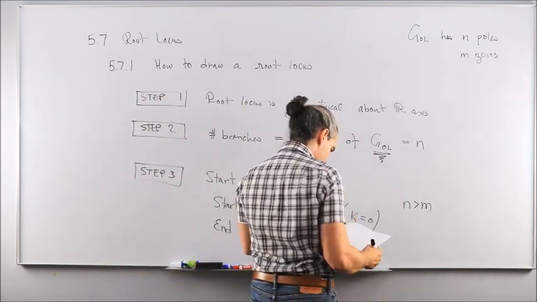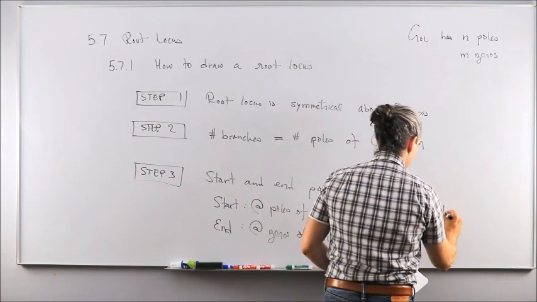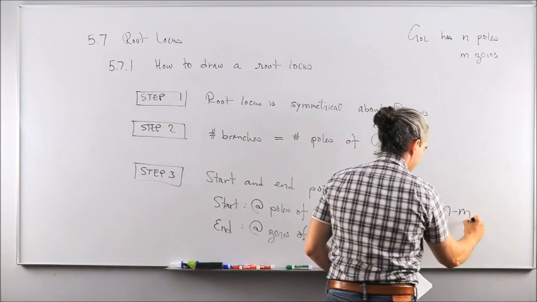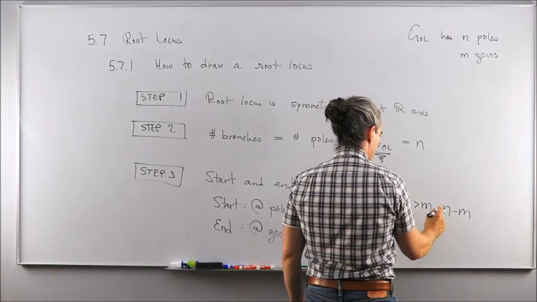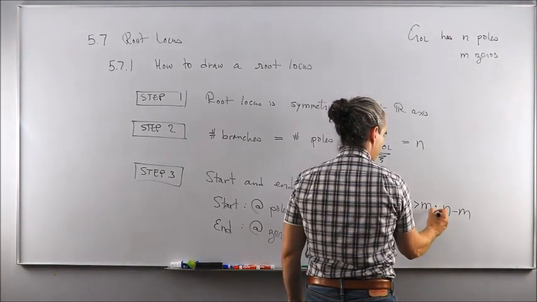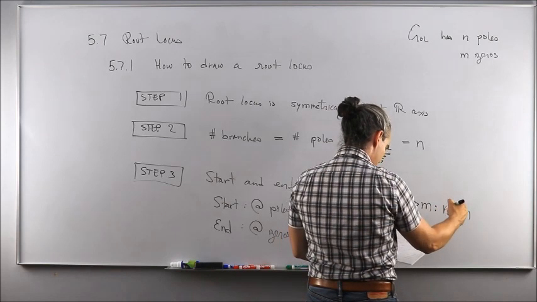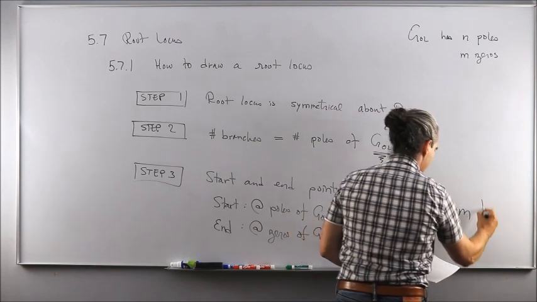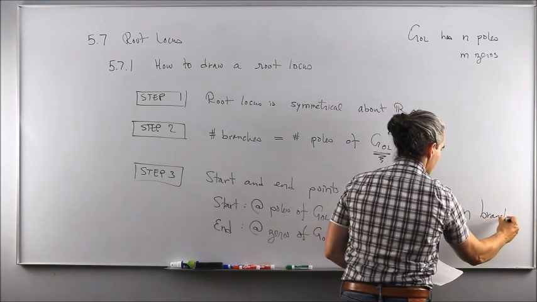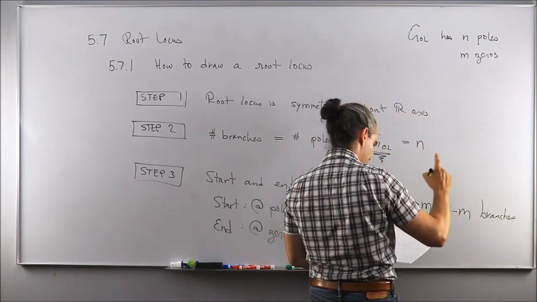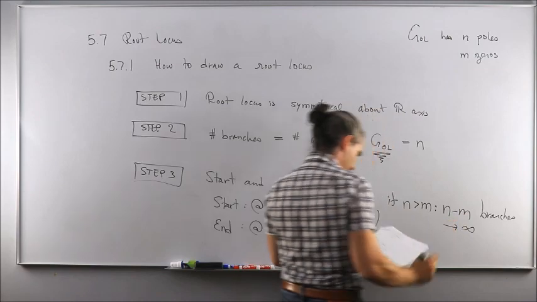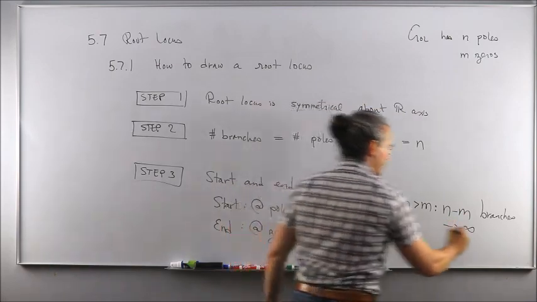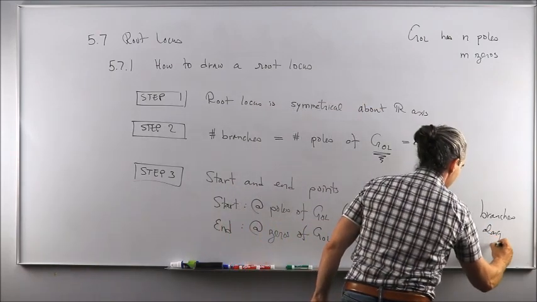In that case, you're going to get the poles that you have in excess of the zeros, quantified by n minus m. So you're going to get n minus m branches or paths in the complex plane that will go to infinity along what's known as asymptotes.